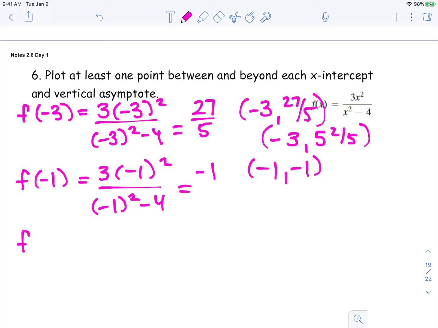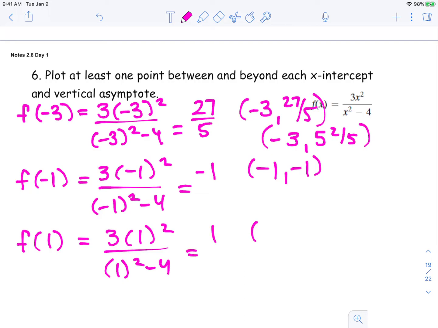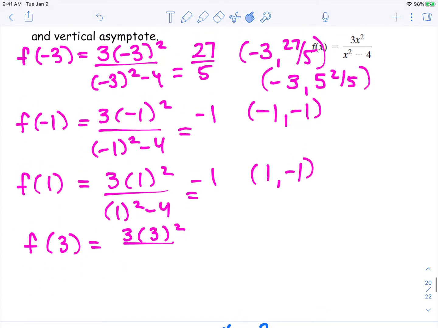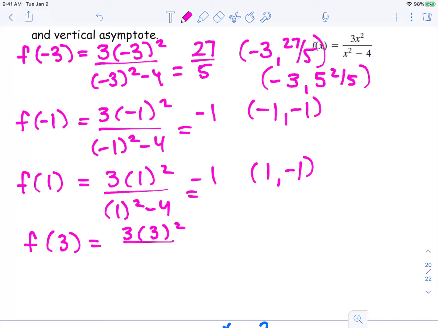And then we have f of 1. And we get the ordered pair over 1, down 1. One more, f of 3. And we get 27 fifths again.